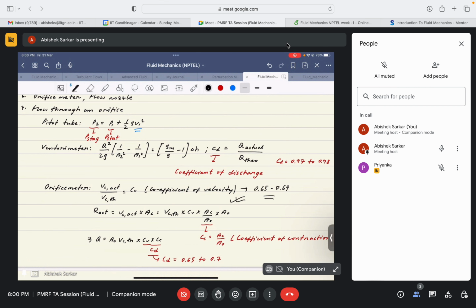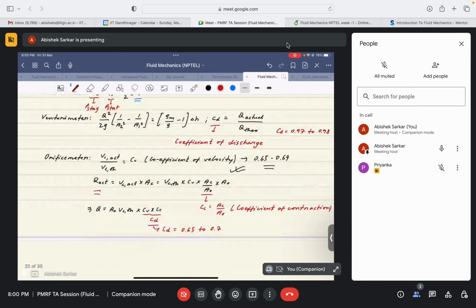And again, we use the orifice meter to find the volume flow rate. So again, this equation is very cleverly modified in a way that we take into account the velocity at the orifice instead of the vena contracta by manipulating the governing equations, and have two coefficients instead of one.